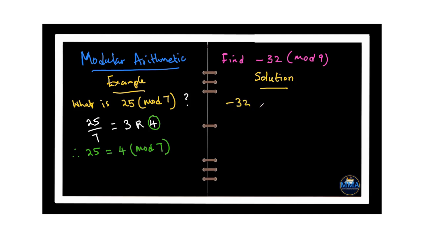But there is a number that 9 can divide, and the remainder will be 0. If I add that number here, it will be the same as adding 0 to minus 32. Can you think of that number?